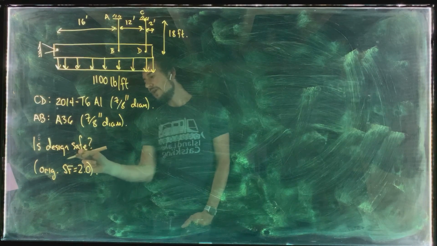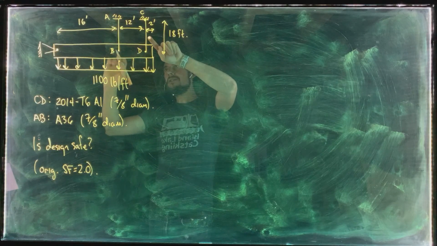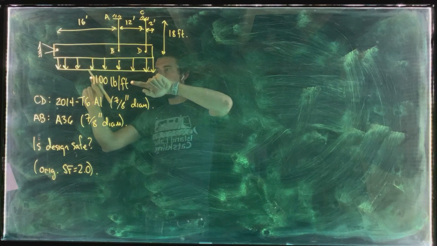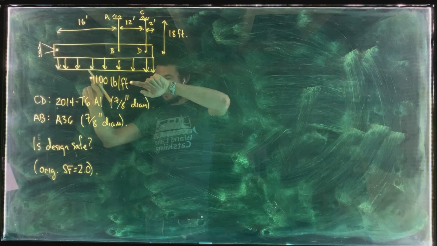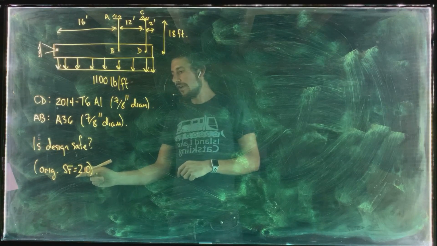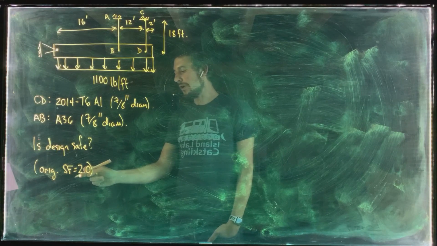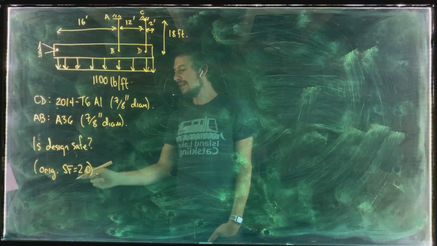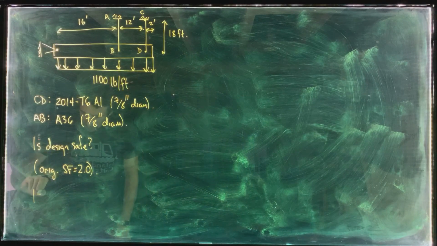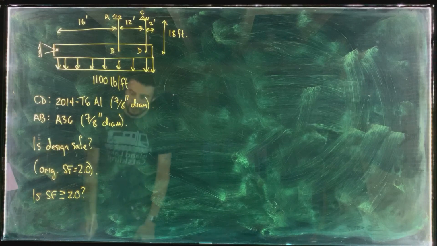What we're actually being asked there is, with the aluminum cable in CD and the steel cable in AB, when the load is applied, is the actual safety factor 2.0 or greater, or is the safety factor less than 2.0? If the safety factor is actually less than 2.0, then the design is not safe because it's not meeting the design safety factor. Okay, so is the safety factor greater than or equal to 2.0?